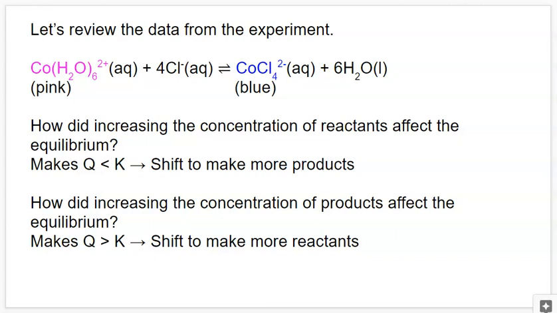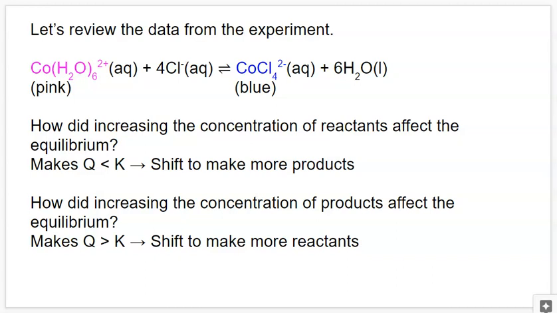And we learned that if Q is too big, it's going to want to decrease the amount of products to shift it back towards the reactants to make the value of Q equal to K. And then the vice versa situation, if Q is too small, it's going to shift it to make more products in order to increase the numerator of the ratio in order to make Q and K equal again.